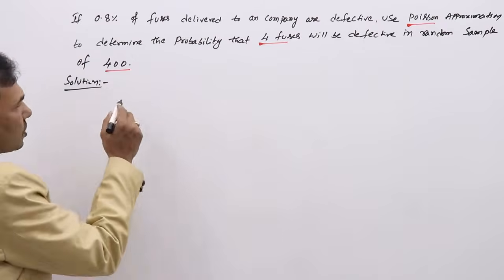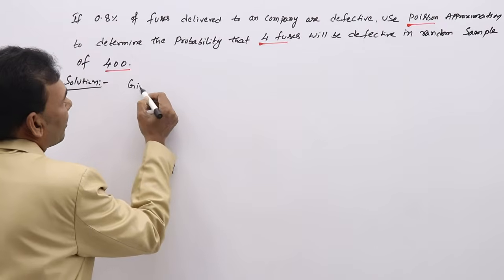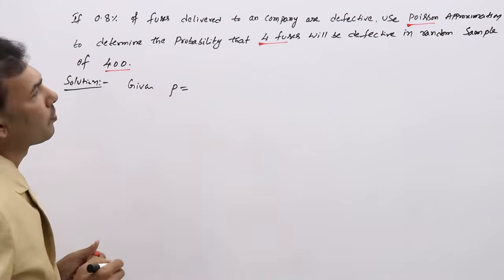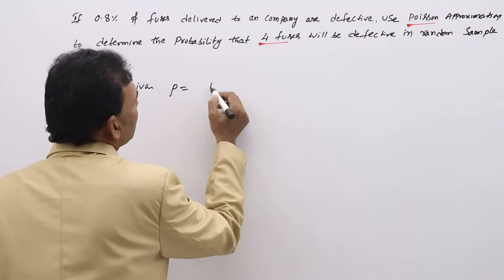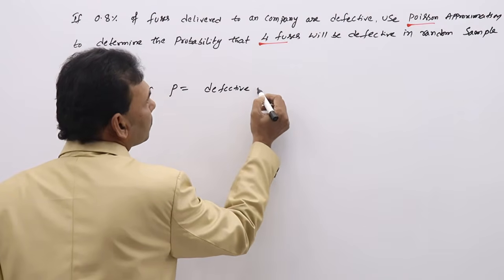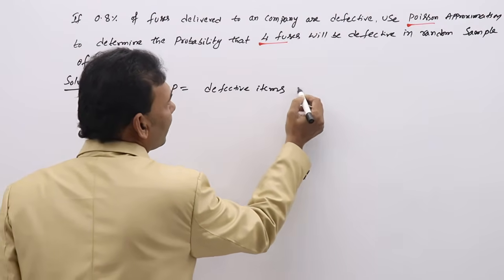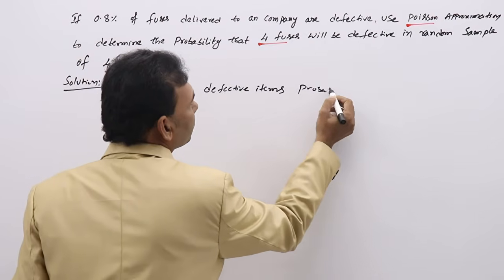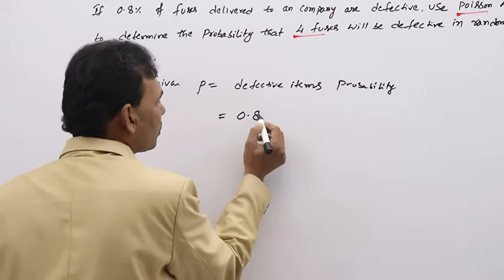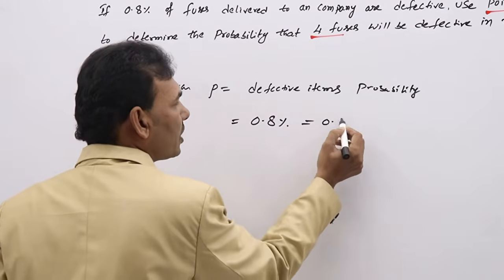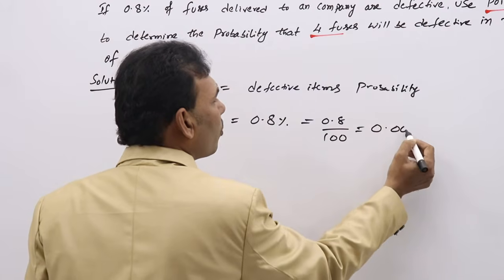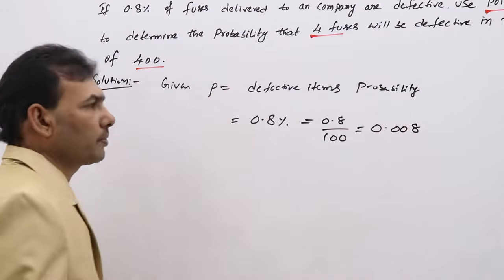So first, I am writing given p, the defective items probability. Defective items probability is given 0.8%, which is 0.8 by 100, 0.008.